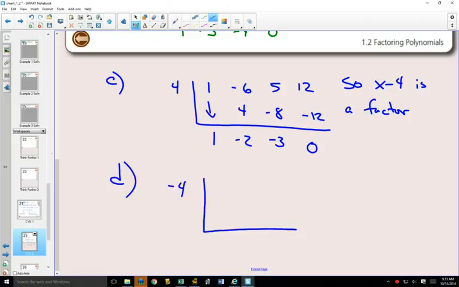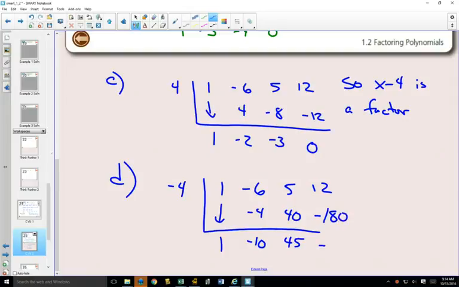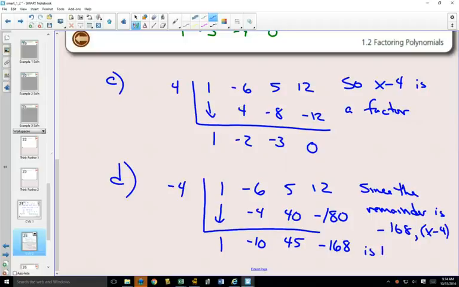The last one was x plus 4. No. Since the remainder is not 0, x plus 4 is not a factor.